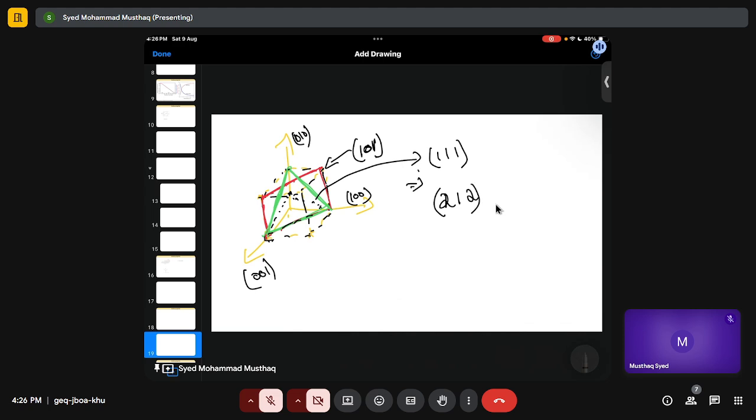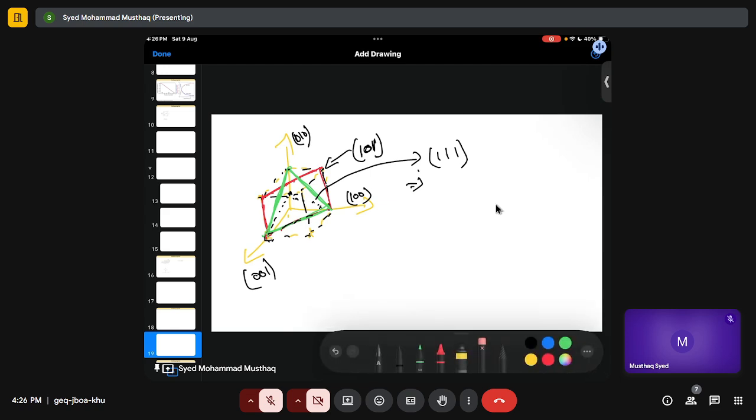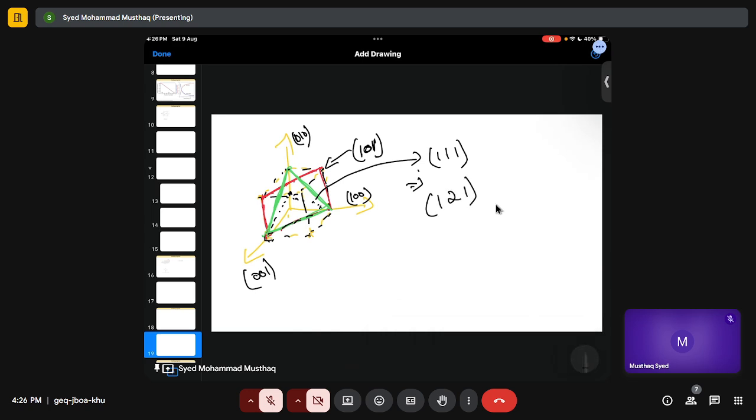It will look like it is intercepting at 1, 2. If I want to know the coordinates, it will be 1. If you use a reversal, then it will be 1/2. It will be 1.